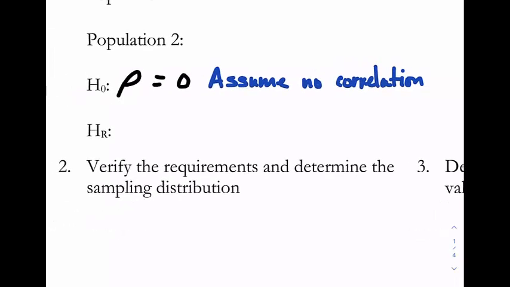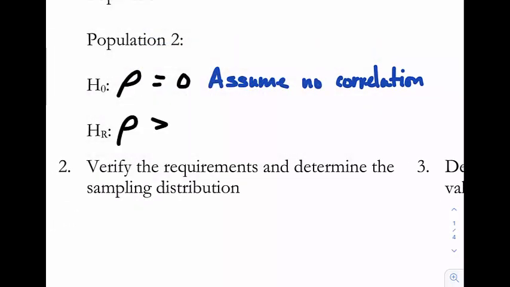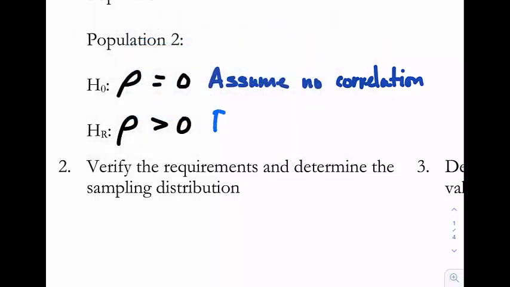But of course, beyond the benefit of the doubt, if you can prove that, in this case, they want to prove that it's positive, that means we want to try to prove that rho, the population correlation coefficient, again, that number between -1 and +1, is close to +1 as much as possible, or in other words, far away from 0. So we'll just do this. We're going to try to prove a positive correlation.